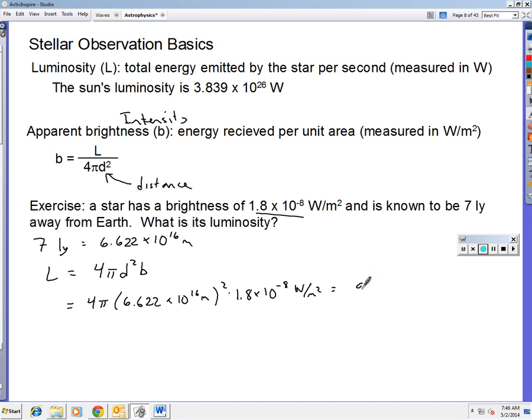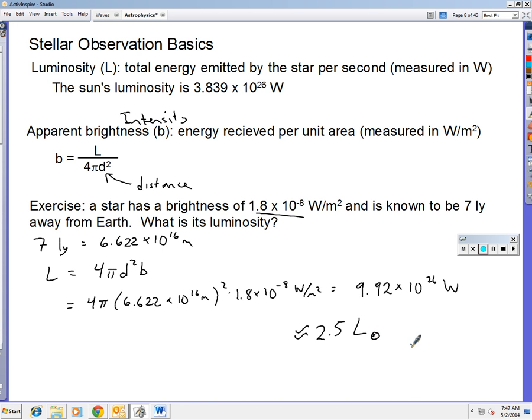And we find that this star has a luminosity of 9.92 times 10 to the 26 watts, which is about 2.5 times as luminous as the sun.